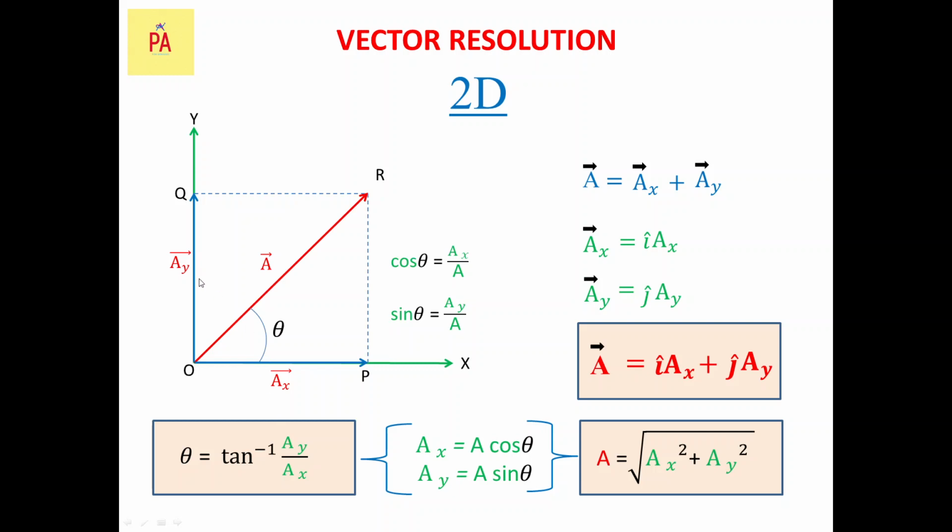You can consider this one also, but for our ease we have considered it with the horizontal axis. So theta we can get, tan theta is perpendicular by base. Perpendicular is this part, that is AY, and base is your AX. So easily you got now theta equal to tan inverse AY by AX.